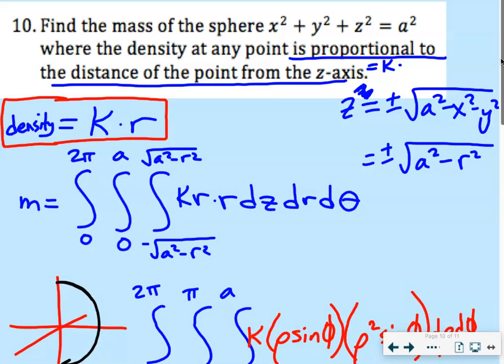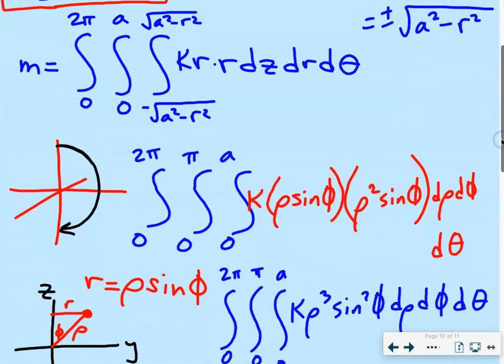Where does r go when you put it in spherical? So I have kr. R is the same thing as rho sine phi. It's just one of those conversion equations. So r equals rho sine phi.